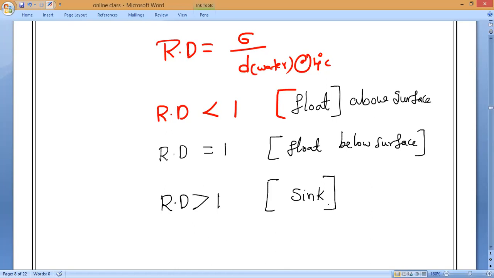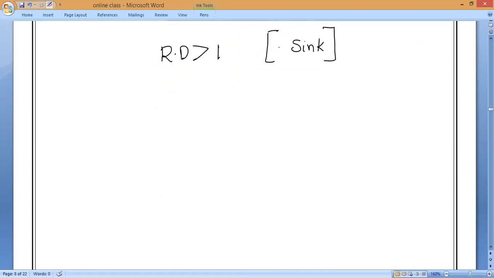Now, the important concept I am going to tell you is about the immersed portion. As we already know, when the density of the fluid increases, does the buoyancy force increase or decrease? That is my question.